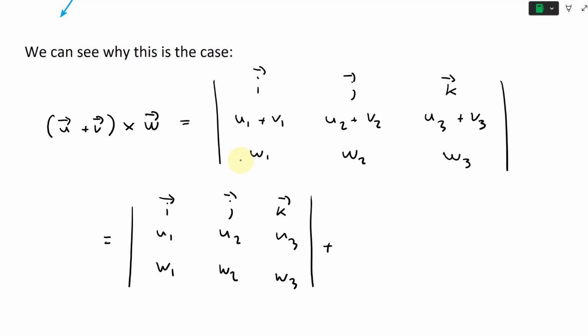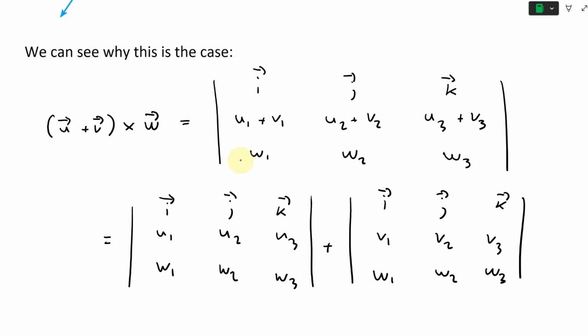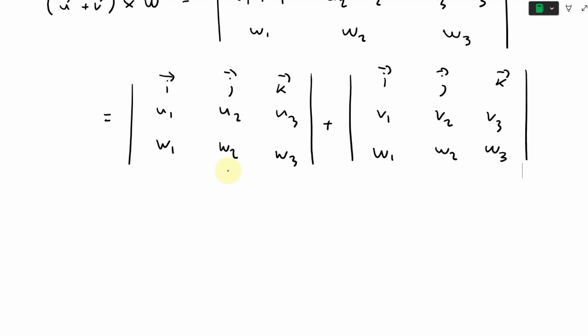Now we ignore all the u terms and do the other side. It's the same thing as writing v1, v2, v3, i, j, k, w1, w2, w3. So in other words, this is just a cross product done separately. This is going to be u cross w, and now this is going to be plus v cross w, like that.